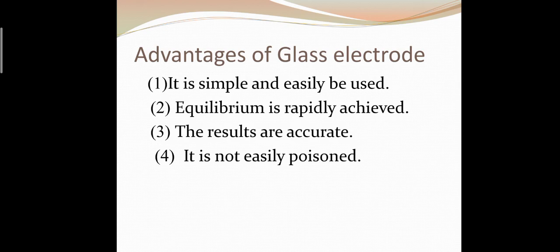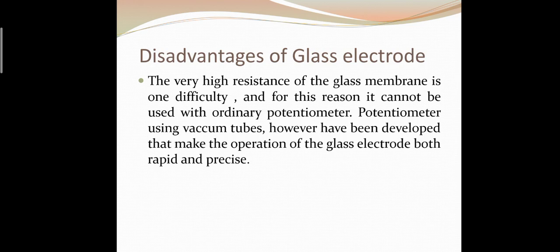Now after the advantages of the glass electrode, we will shift to the disadvantages, because every phenomenon has advantages as well as disadvantages. The very high resistance of the glass membrane is one difficulty, and for this reason it cannot be used with an ordinary potentiometer.